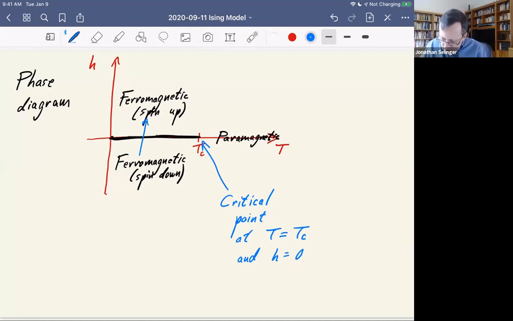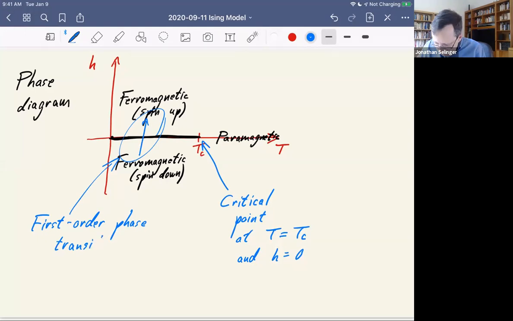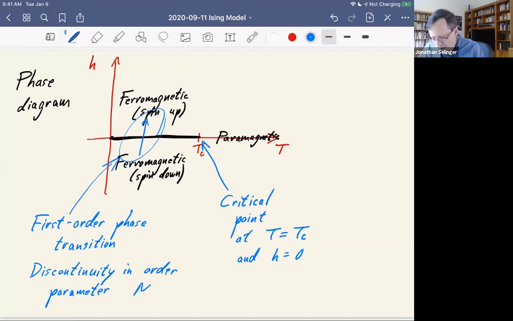This change is called a first order phase transition. First order means that there is a discontinuity in the order parameter. In this case, the order parameter is M.